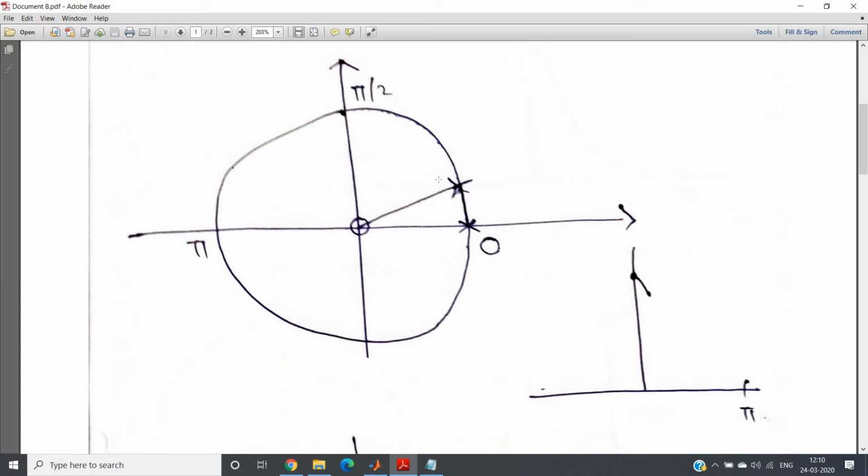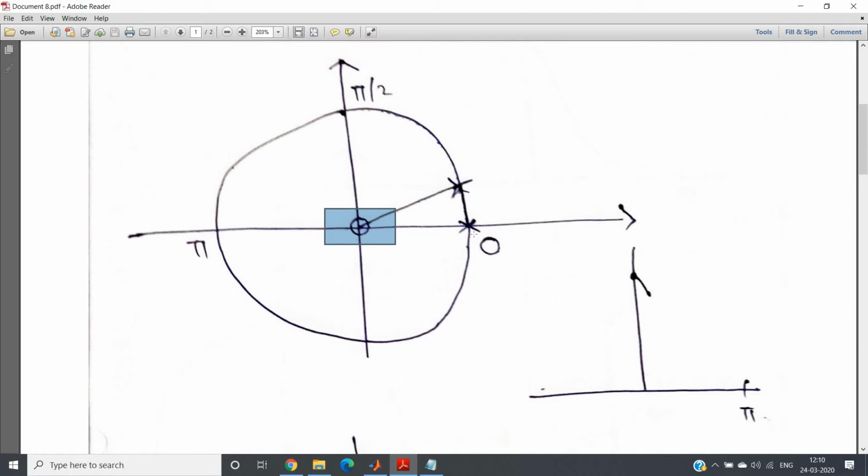Now if you move further from 0 to pi, then what will happen? The distance from the pole to that particular frequency point will increase more, and the distance from the zero will gradually decrease.